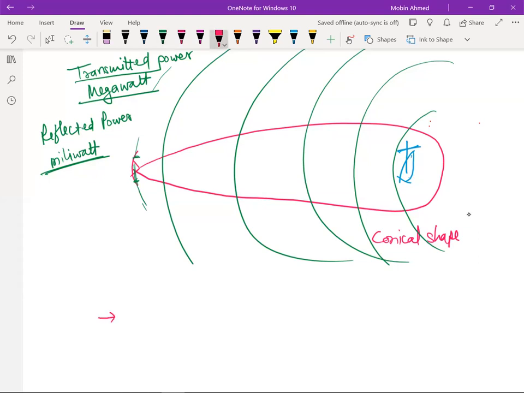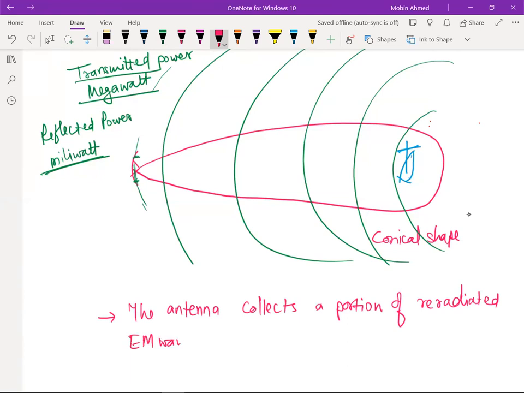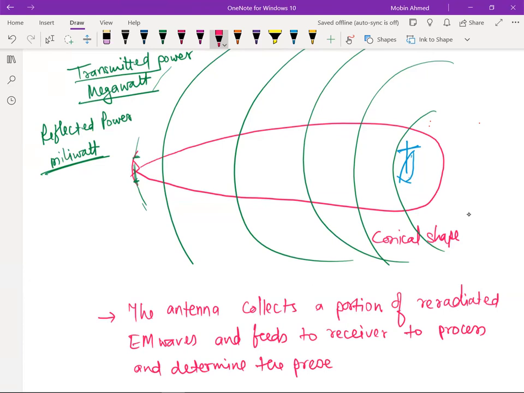Now next is the antenna collects a portion of re-radiated EM waves and feeds to receiver to process and determine the presence of objects.